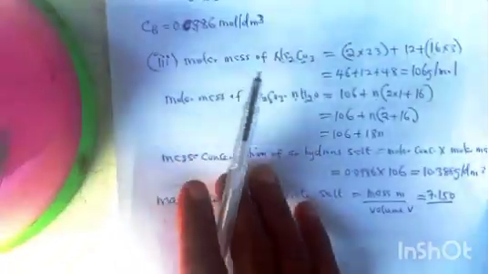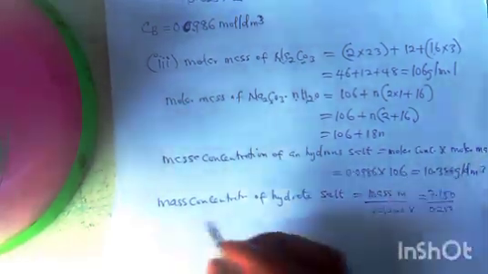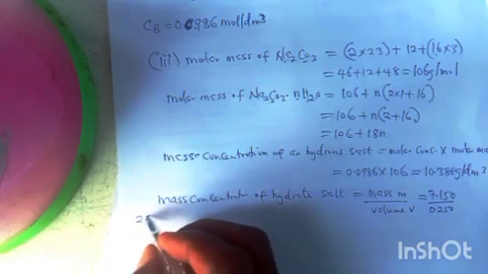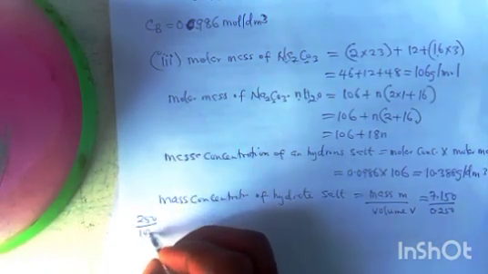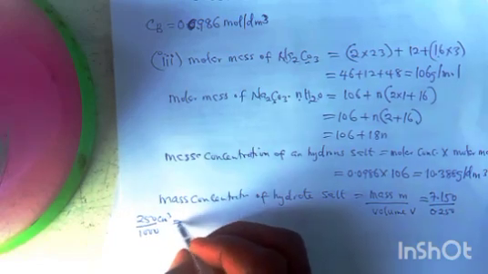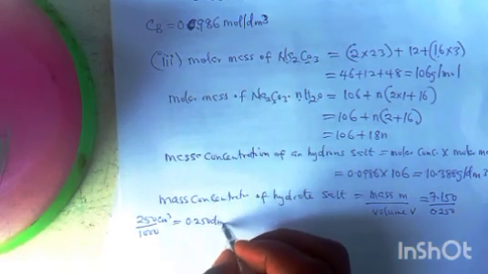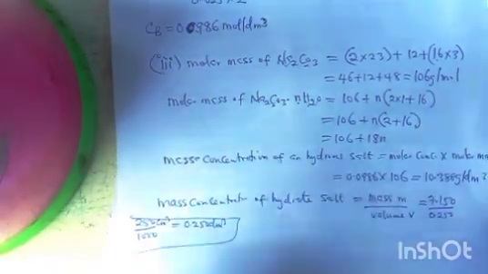After conversion, you get 0.250, because we did that by 250 divided by 1000. This is in centimeter cube. To convert it to decimeter cube, you divide by 1000 to give us 0.250 dm cube. So that is how we got that value there.